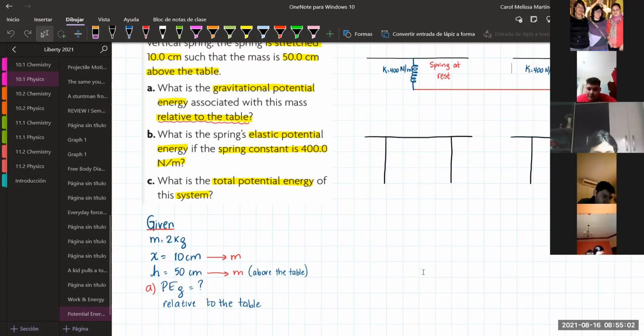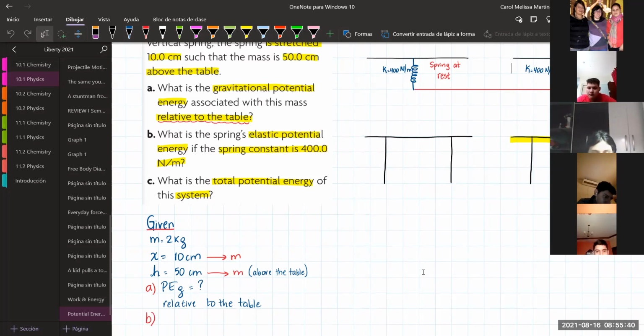If I'm on the ground, my gravitational potential energy is going to be zero, because there is no distance from the ground. But here the problem says that you need to get the potential energy just relative to the table. So the table is going to be our reference point.